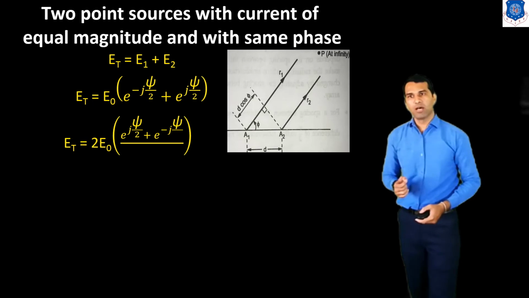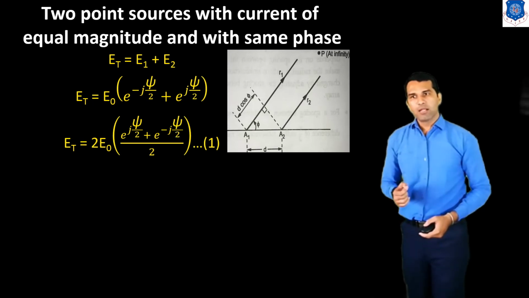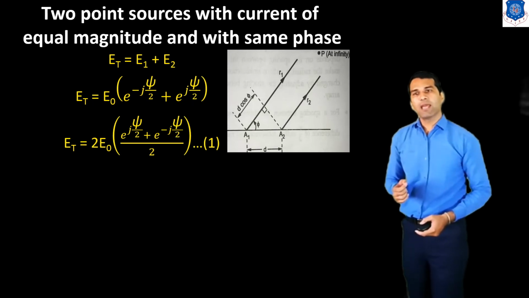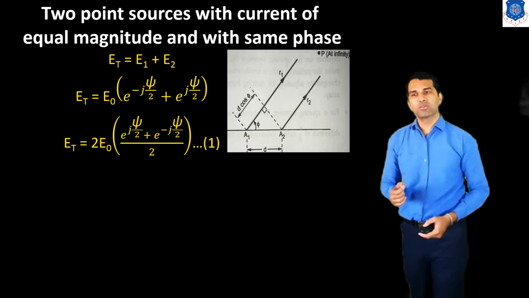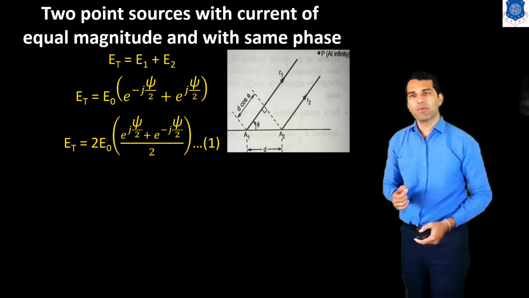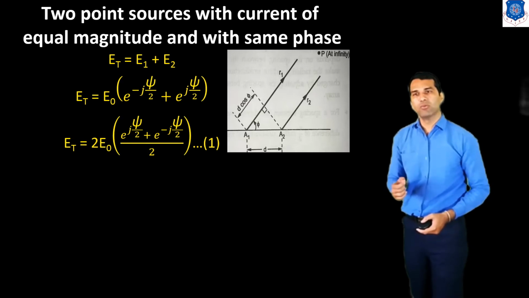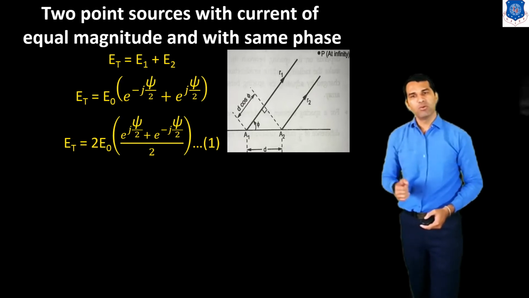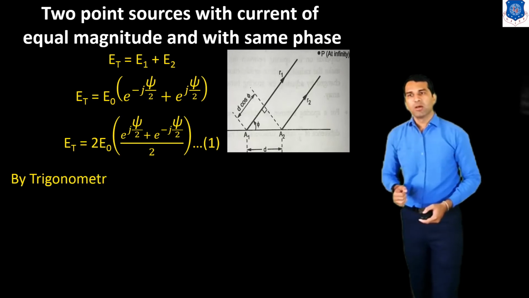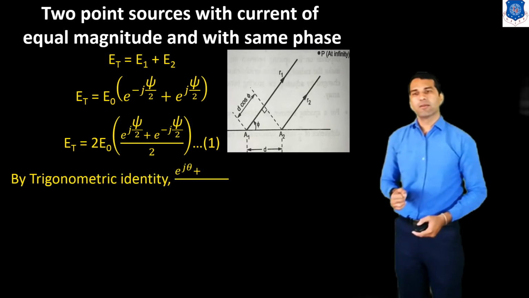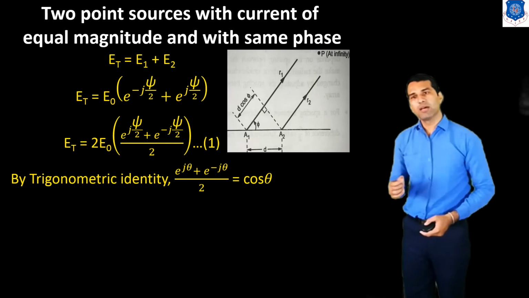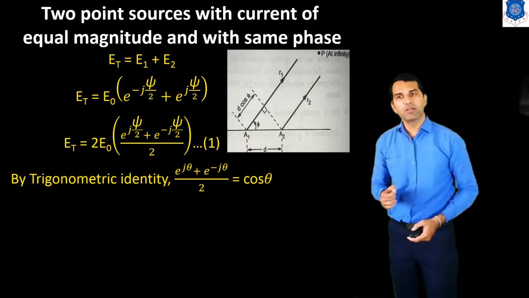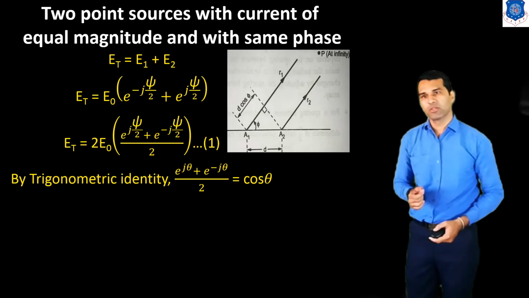Now we multiply and divide by 2. So we can write this equation as 2E0 times e raised to j psi by 2 plus e raised to minus j psi by 2, all divided by 2. By the trigonometric identity, e raised to j theta plus e raised to minus j theta by 2 equals cos theta.